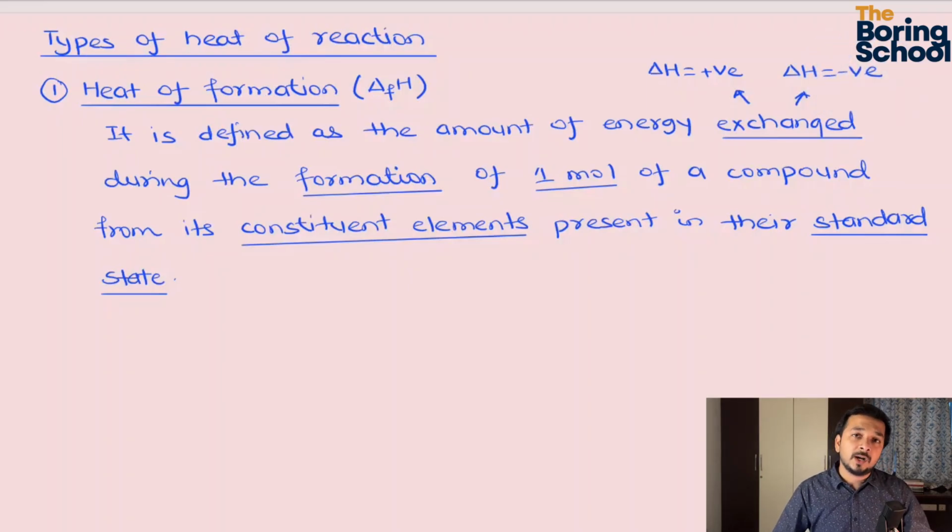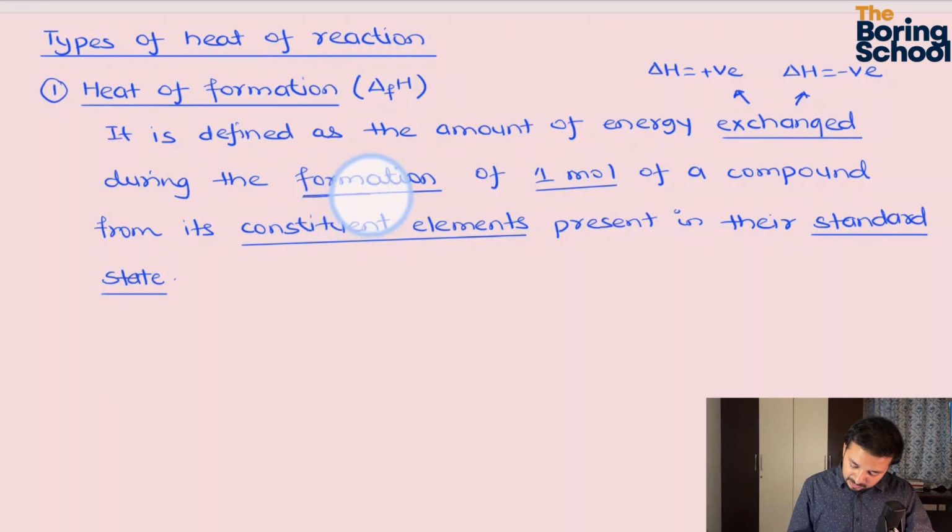Energy can be required for the formation, or energy can be released during the formation of a substance. So we cannot say it is always exothermic or always endothermic. It can be exothermic in some cases and endothermic in some cases.